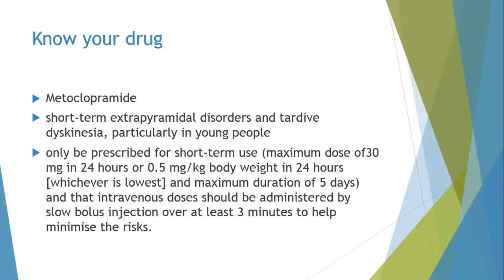Don't give it more than 5 days. The intravenous dose should be administered by slow bolus injection over at least 3 minutes to help minimize the risk. If taken orally, no problem. If IV, slow bolus injection.